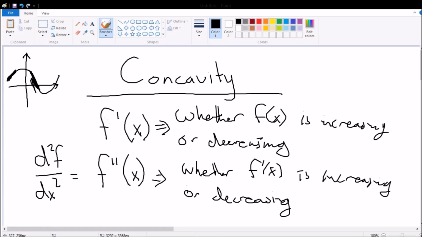So f prime of x describes whether the function or the graph is increasing or decreasing, and f double prime describes whether f prime of x, or the slope, is increasing or decreasing. You see how we took the derivative and got whether the graph is increasing or decreasing, and then we take the derivative of that and get whether the slope is increasing or decreasing. If for some random reason you take the f triple prime, which has really no use, it will describe whether f double prime is increasing or decreasing, and so on, because that is describing rate of change.